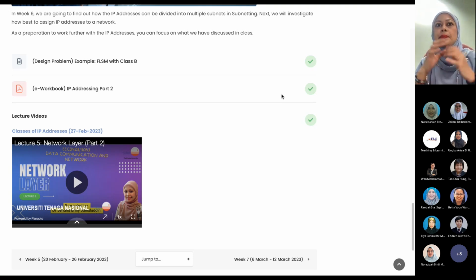The direction of the university, along with the IPTA, is to have online components, but only capped at 50%.